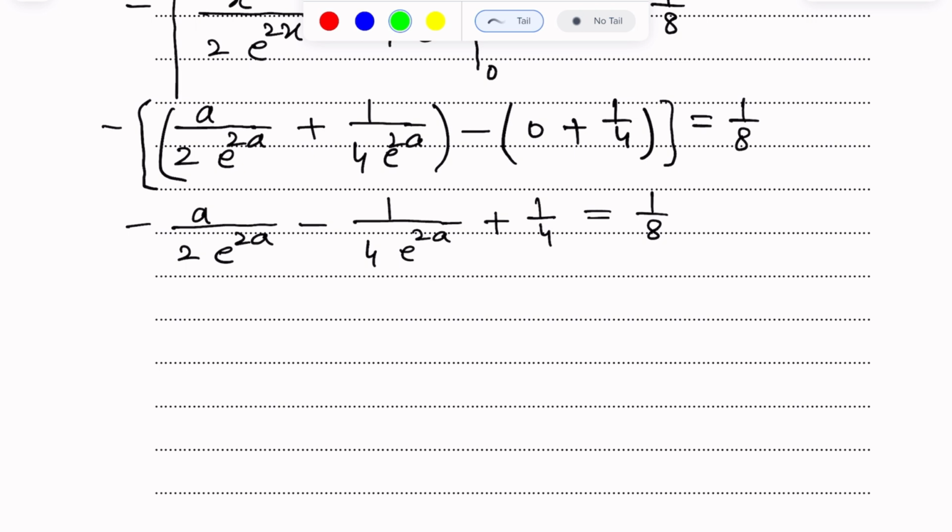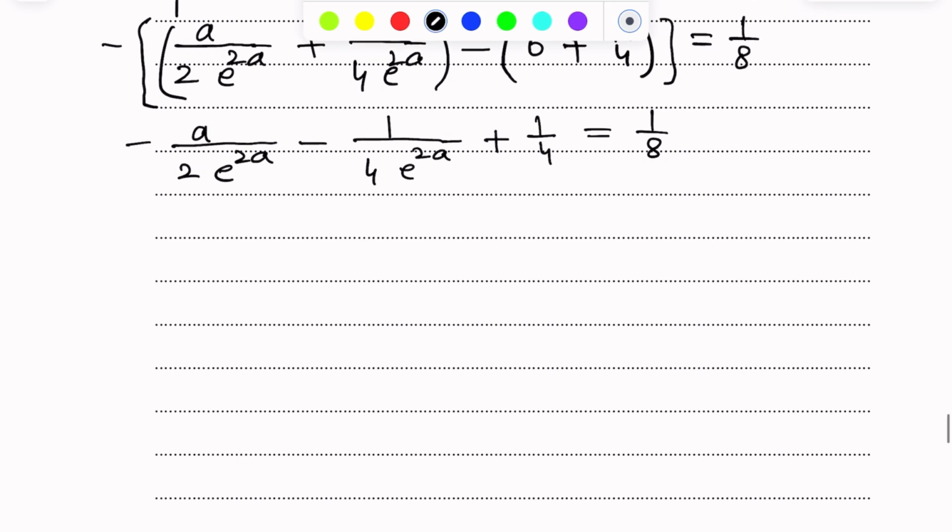It will be 1 over 8 minus 1 over 4. We can simplify, that becomes minus 1 over 8. So this will be minus a over 2 e power 2a minus 1 over 4 e power 2a is equal to negative 1 over 8.